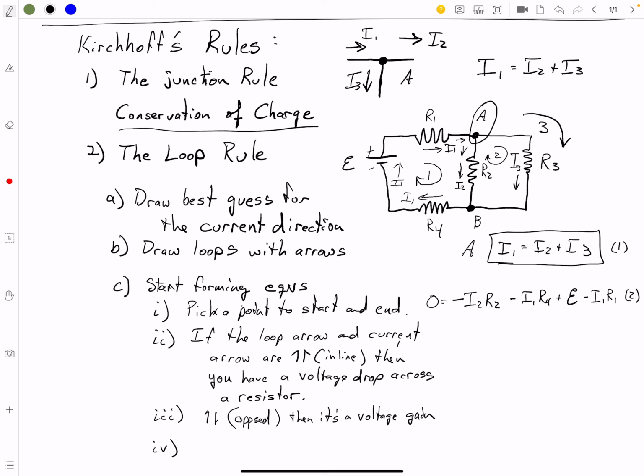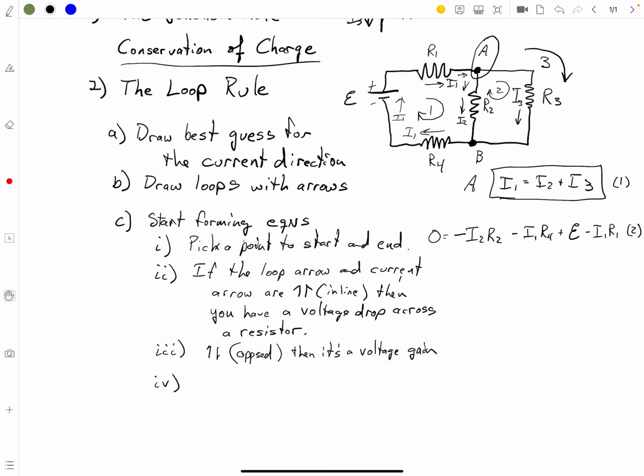Let's just write down, I want to write down minus to plus on EMF is positive, plus to minus is negative. Okay, so those are our rules.